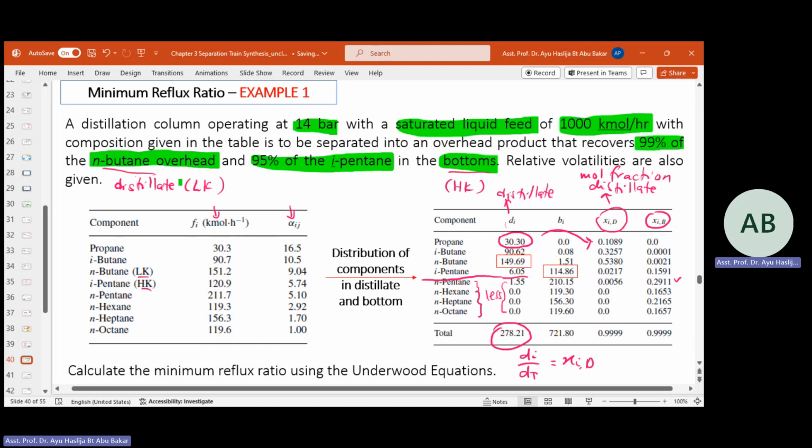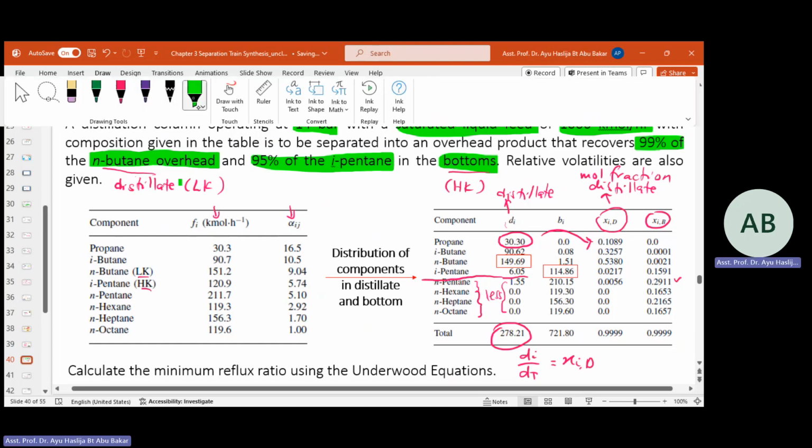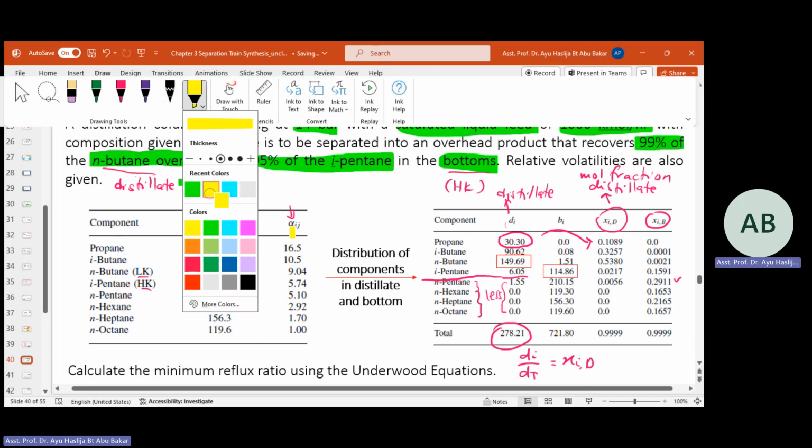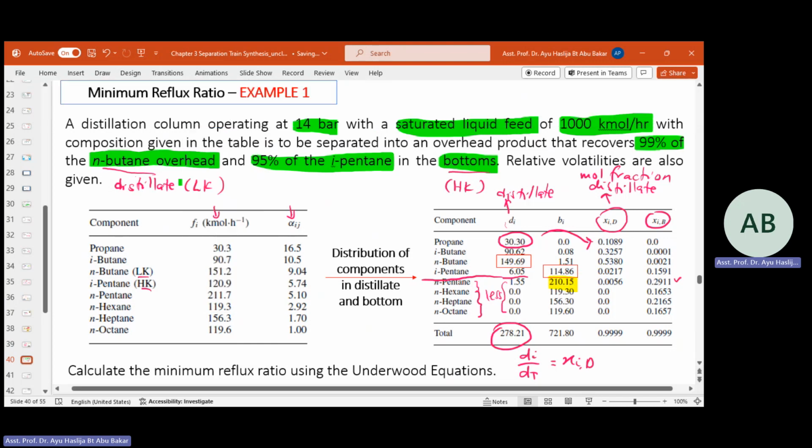Okay, we don't simply put the figures over here. Then this part, and pentane, you will see there are more in the bottom product. Sorry, N-pentane. From N-pentane to N-octane, there are more in the bottom product because they are heavy.